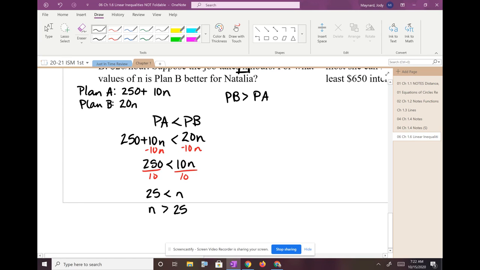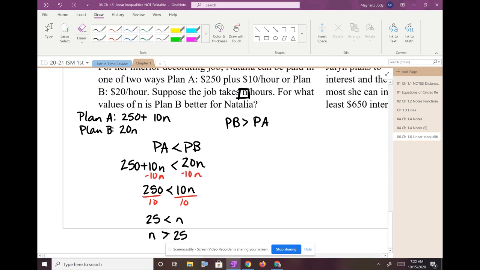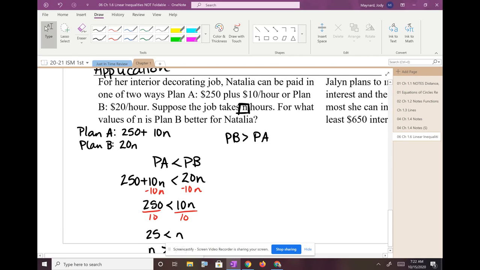It needs to still point towards 25 here. So this tells me that for more than 25 hours, Plan A is less than Plan B. So if she works more than 25 hours, she should choose the B plan, right?